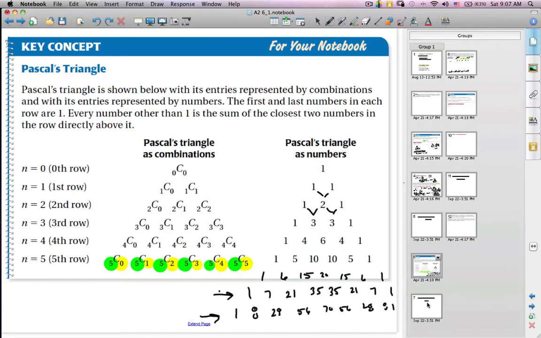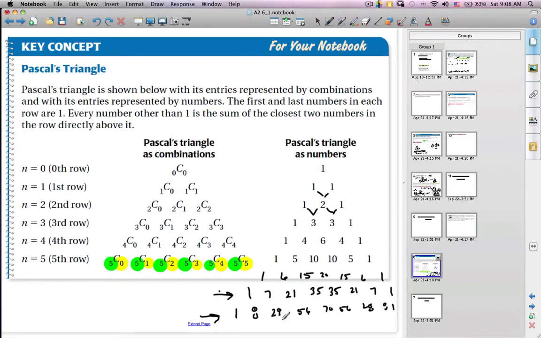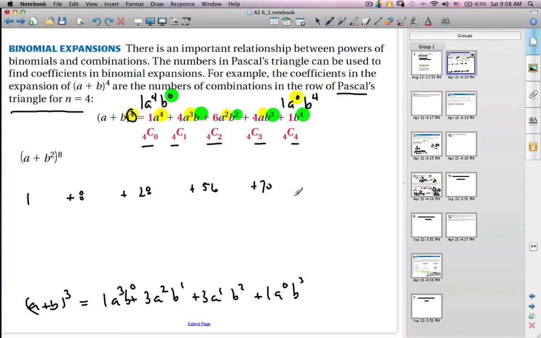And if I come back and I put those in here, so I have 1, 8, 28, 56, 70. Let me make sure I'm doing those right because I was working off memory. 1, 8, 28, 56, 70. All right. And then they're going to go back down the other side the same way.